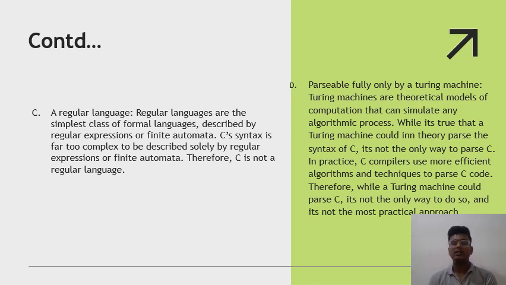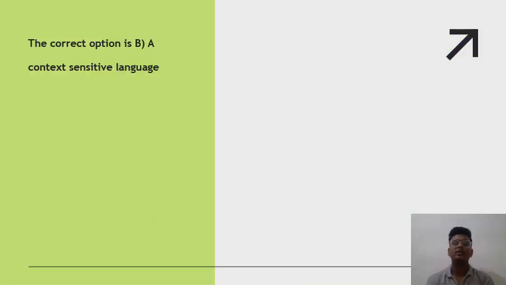While it's true that a Turing machine can, in theory, parse the syntax of C, it is not the only way to parse C. In practice, C compilers use more efficient algorithms and techniques to parse C code. So we can conclude that the correct option is B: C is a context-sensitive language.